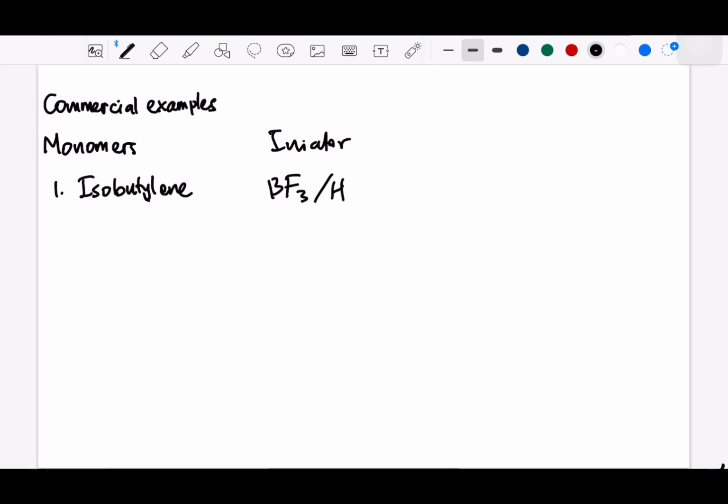Component and application: this is for elastomer and adhesive.